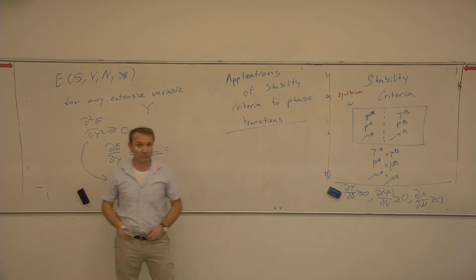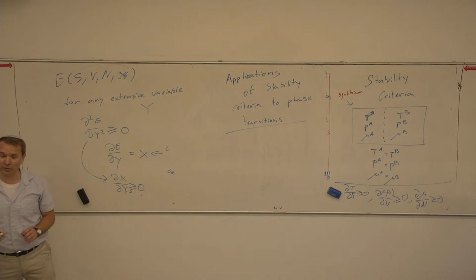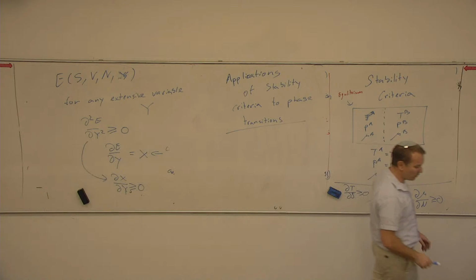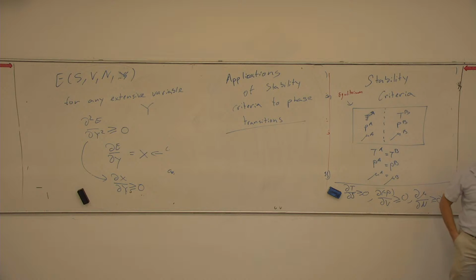Okay, so I won't define exactly now what is a phase transition. I will do it next week. But I want to show you a simple example where those criteria hold and when those criteria break.